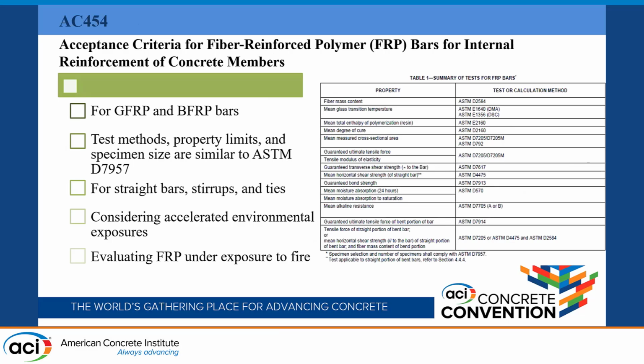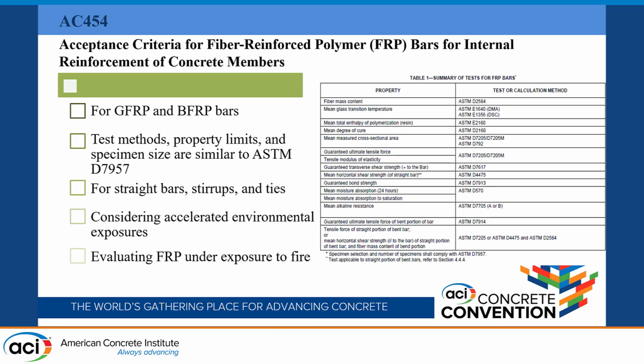It covers the test methods, property limits, and specimen size, and they are all similar to ASTM 7957. The limits are the same as 7957, but for the test methods, for example, for the tensile, you have to go to 7205, but they are all ASTMs. It's for straight bars, stirrups, and ties, so it will not cover the bends. It's another difference from the previous ASTM.